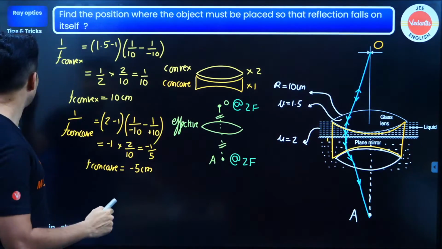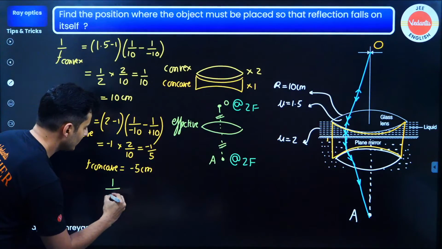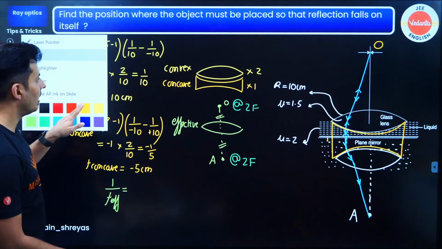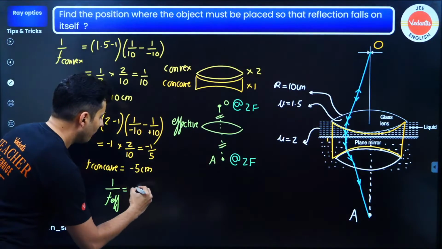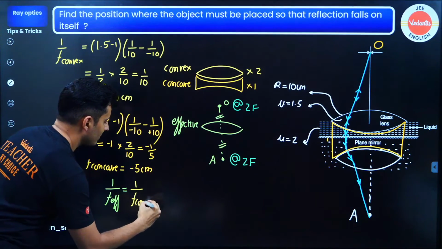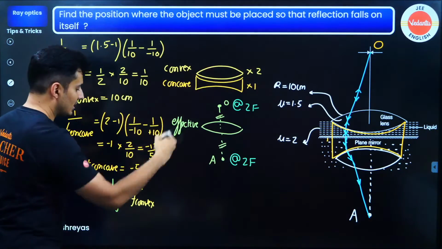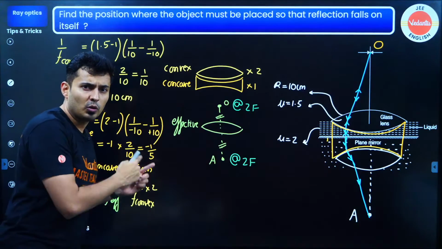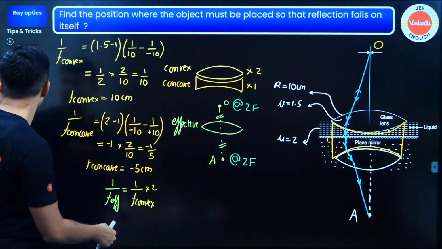Cool. So to find the effective focal length, I'll use this. 1 by F effective is nothing but 1 by F of the convex, but there are two such lenses, so into 2. Remember, 1 by F effective is 1 by F1 plus 1 by F2 plus 1 by F3 for lenses in combination.